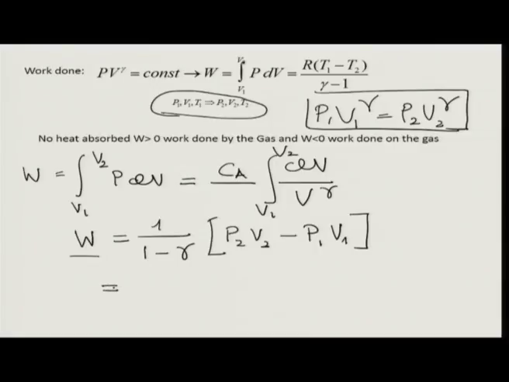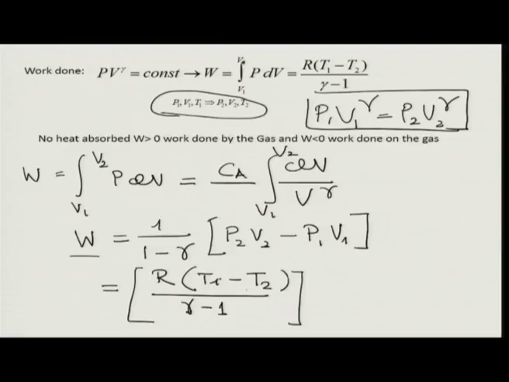So, you can write this as R times T1 minus T2 by gamma minus 1. This is the final answer, and gamma is always greater than 1 because Cp exceeds Cv. So, this is the work done in an adiabatic process, and I will come back to this in the next lecture.